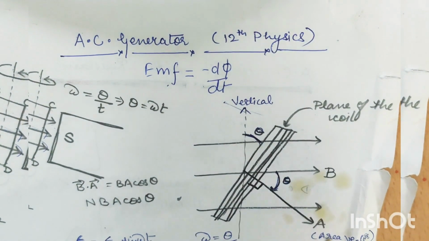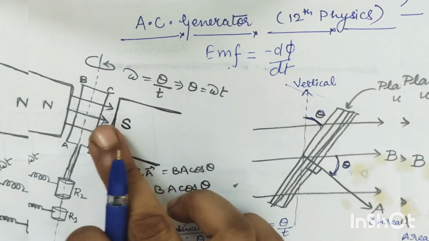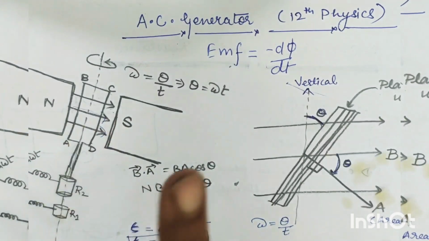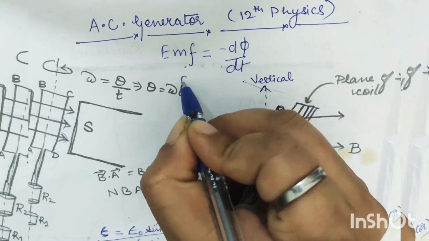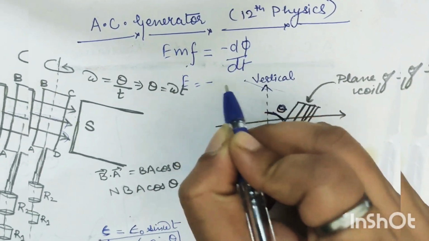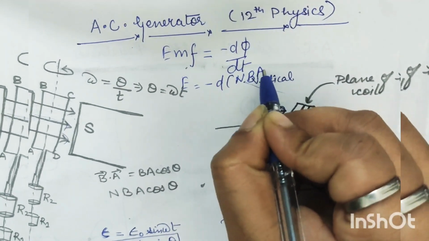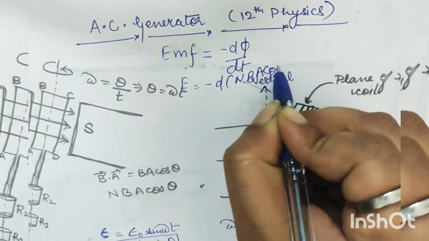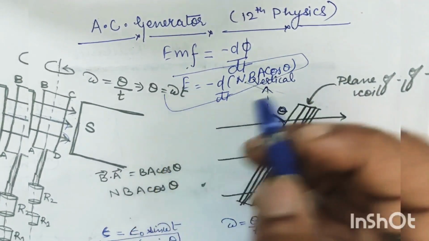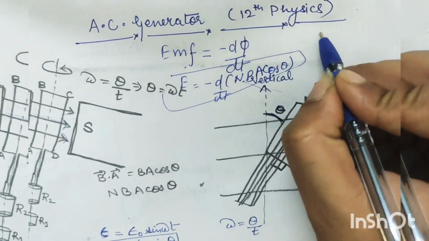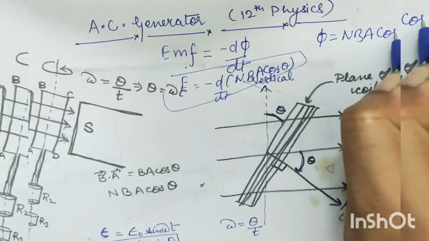So at any instant of time, the flux associated with the coil which is rotating inside the magnetic field is given by d(NBA cos theta) by dt, or you can write here that phi is given by NBA cos theta.